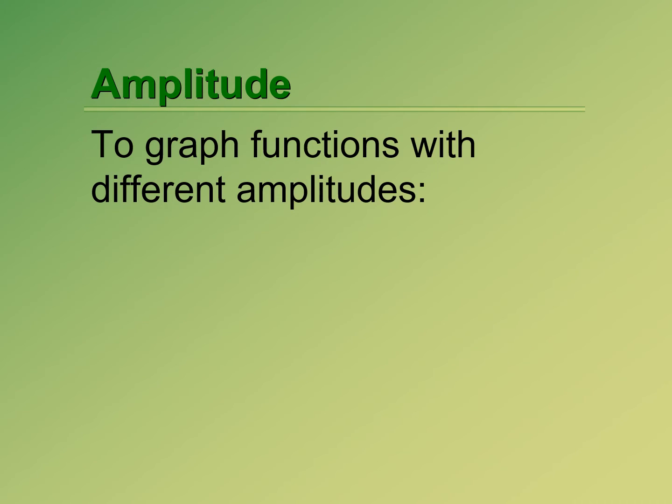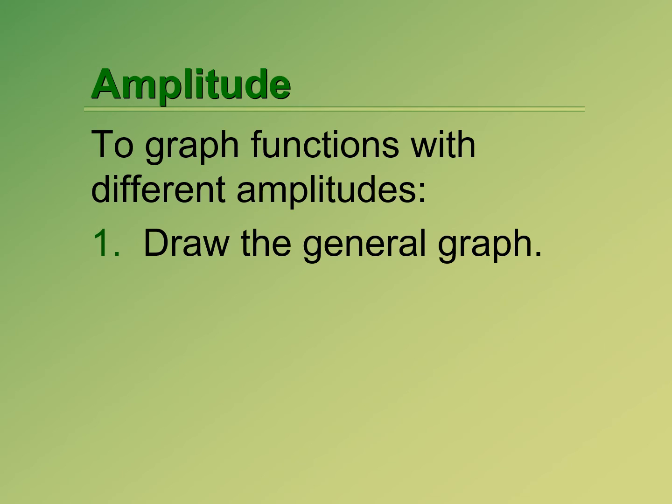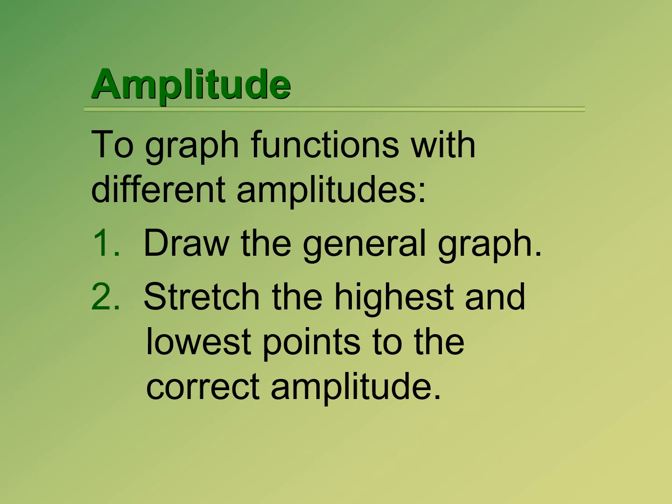All right, so to graph functions that have different amplitudes, and this is if you don't want to sketch, if you actually want to indicate the amplitudes, what you'll want to do is draw the general graph. So just go ahead and sketch the graph as you normally would, as we have been doing. But then after that, go ahead and stretch the highest and lowest points to the correct amplitude. So you're actually going to mark on your coordinate plane the highest point and the lowest point.